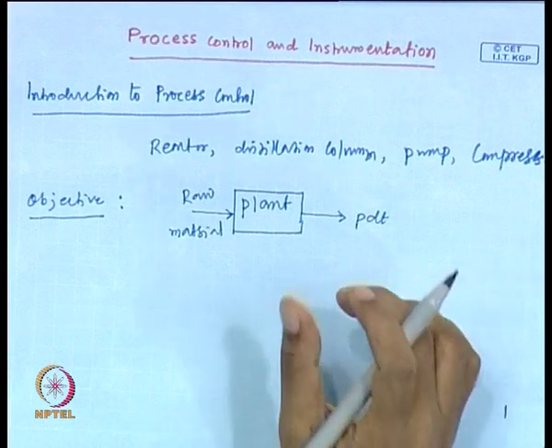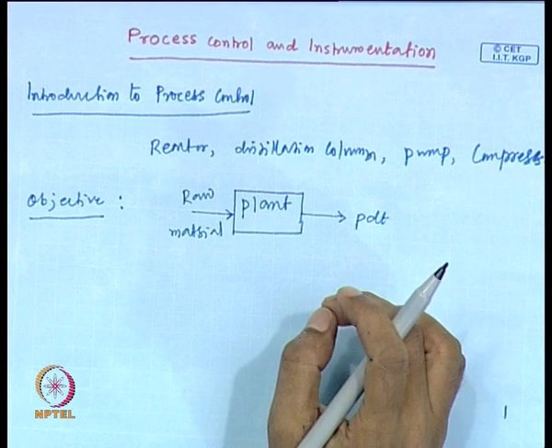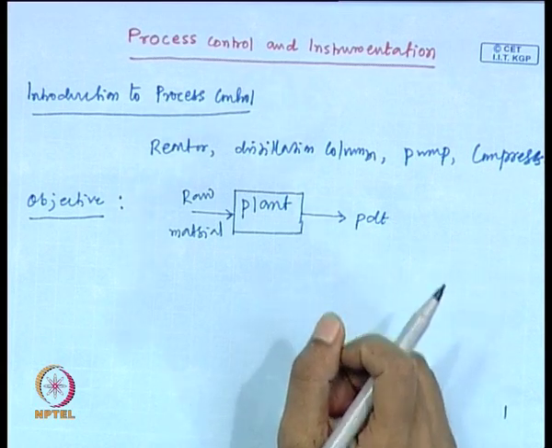Basically, the plant receives raw material using different available sources of energy. The plant produces products in the most economical way. This is the objective of a plant.